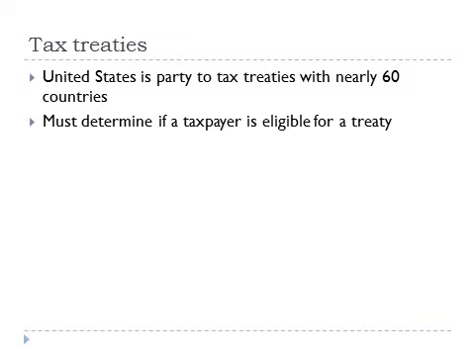Then it is necessary to know if the taxpayer is eligible to use the treaty of the taxpayer's country. In certain cases, even if a taxpayer is a resident of a country with which the United States has a treaty, that taxpayer cannot claim the benefits of that treaty.